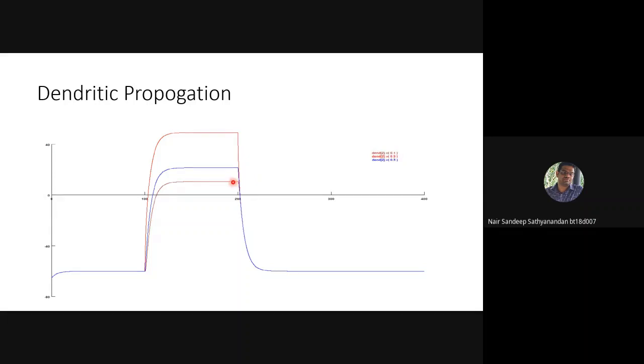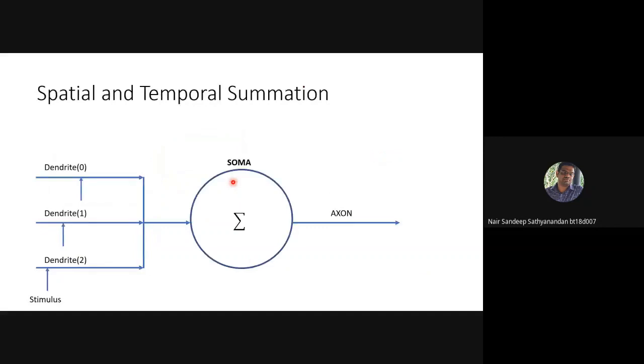So now another aspect is the spatial and temporal summation. The input from one dendrite may not be sufficient to generate an action potential, but when it combines with the inputs from multiple dendrites, all of these sum together and may enable the total potential to cross the threshold, and subsequently an action potential is generated, which is propagated along the axon.